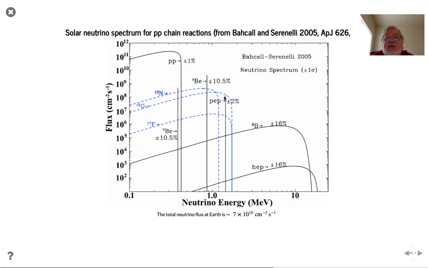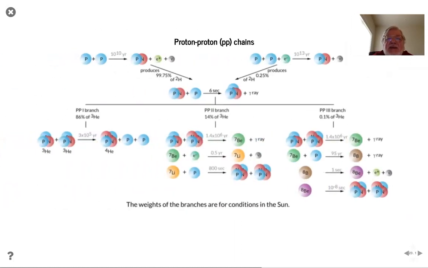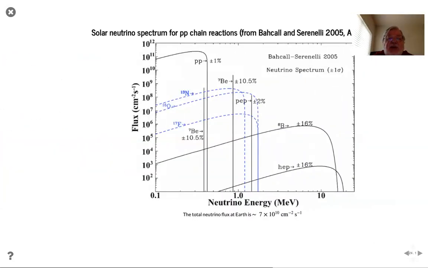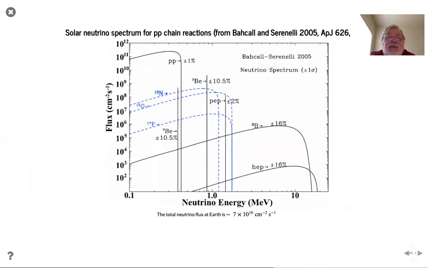All these neutrinos are formed in different PP chains, you can see. For instance, here a neutrino is formed, here a neutrino is formed. This is called a boron neutrino, one of the first neutrinos which was sought. By now, all these neutrinos produced at the center of the sun were already experimentally detected.